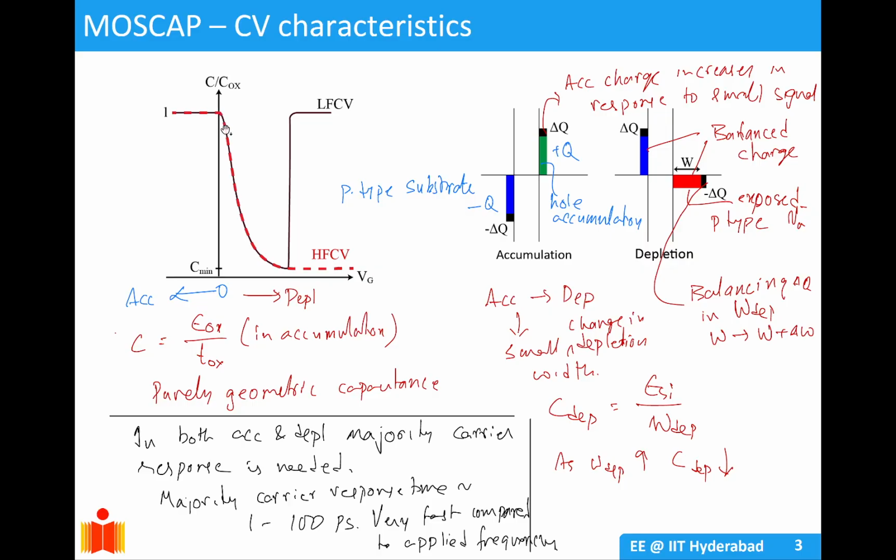And as you go further and further towards the depletion region, as your depletion width increases, your depletion capacitance decreases, and hence your net capacitance reduces.